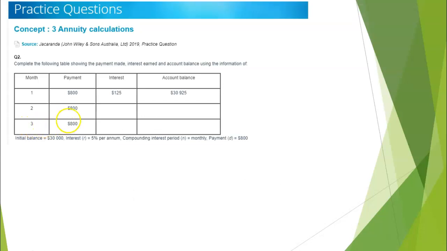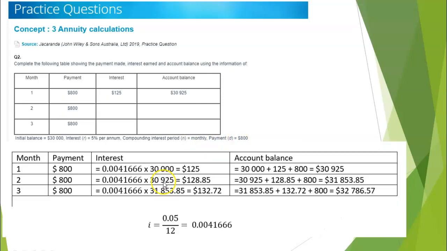Okay, question 2. Complete the table following the payment made, interest earned, and the account balance for the following information. So the initial balance is $30,000. My interest rate is 5% per annum, compounding monthly, and I'm adding $800 into my account.